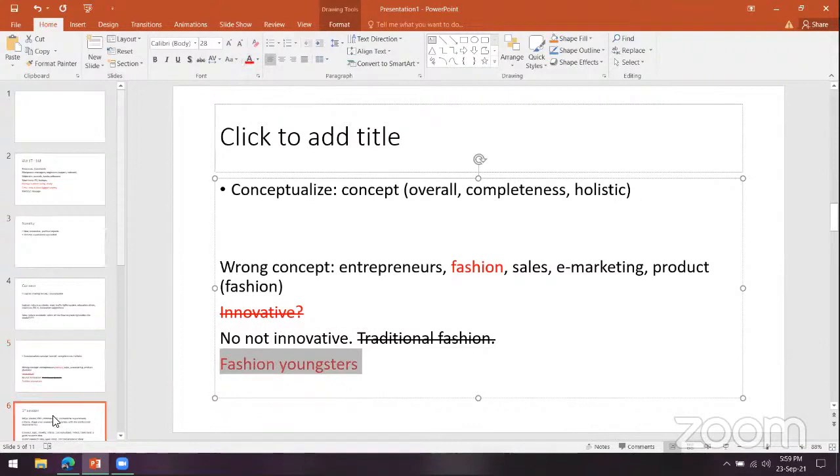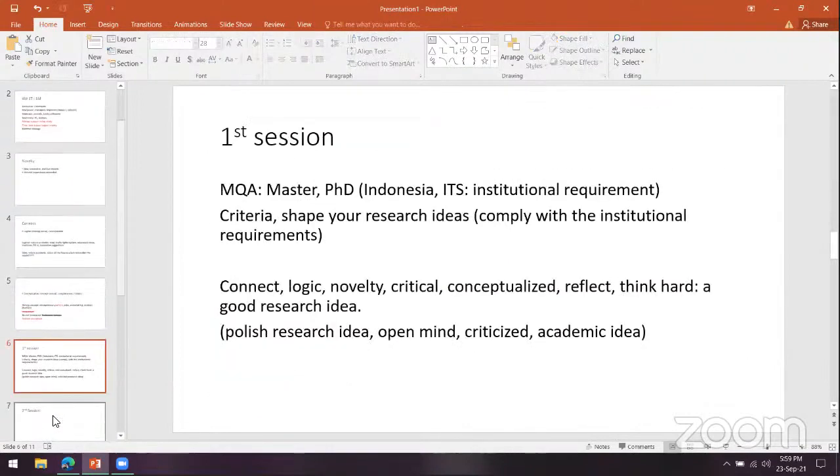Obviously you also need to know that in the first session, I shared with you about the MQA, the Malaysian Qualifications Agency, which spells out the master's and PhD requirements. I urge you to find yours after the talk so that you are able to comply with the institutional requirements.